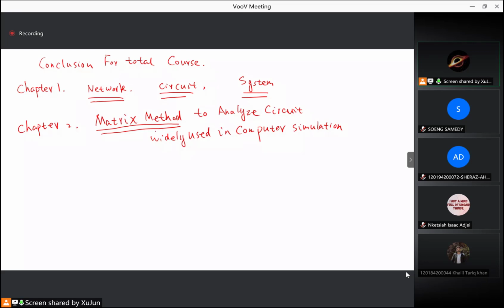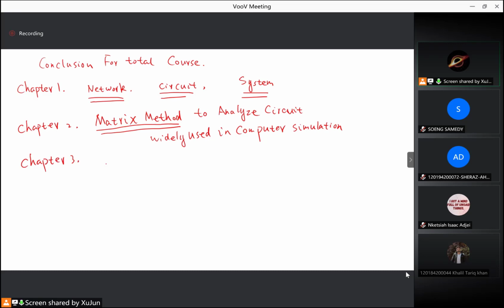So actually, this chapter describes how a computer analyzes and simulates a real circuit. So that is this chapter's content.